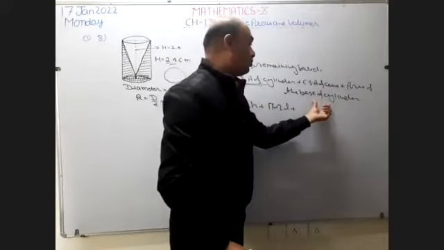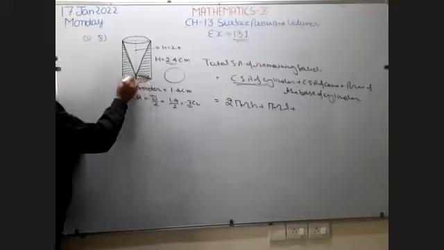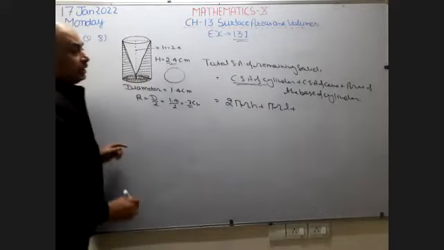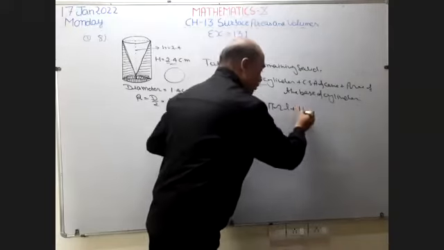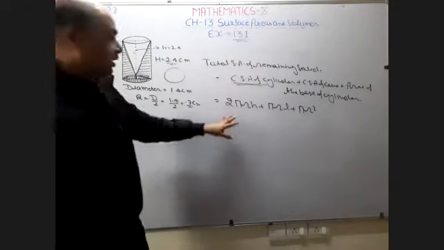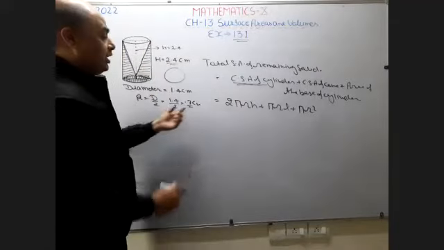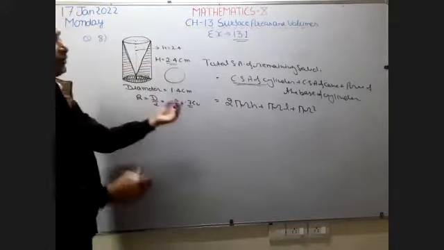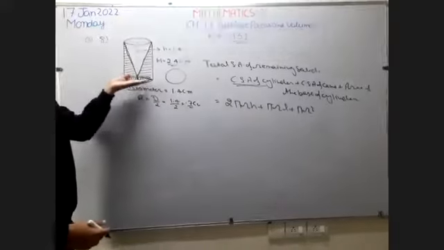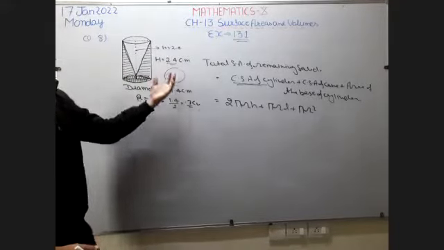The area of the base is in the shape of a circle, so the formula is pi R square.